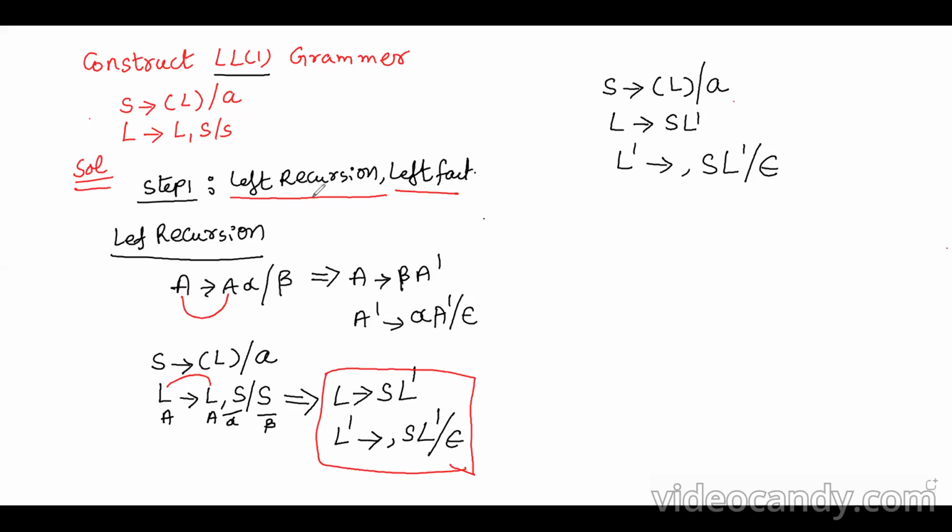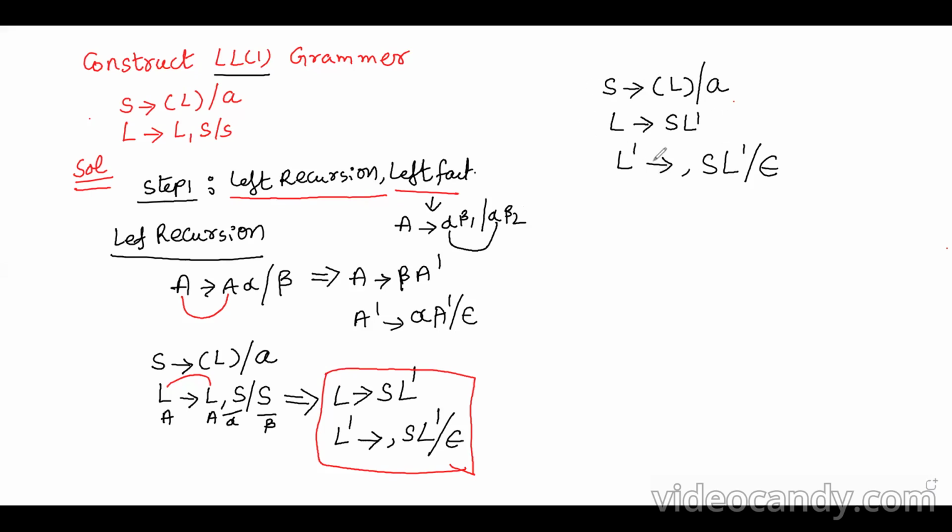Now what is meant by left factoring? If you observe a production like A tends to alpha beta 1 slash alpha beta 2, it means that after the slash the first value is the same. If you see here, there is no production which contains left factoring.